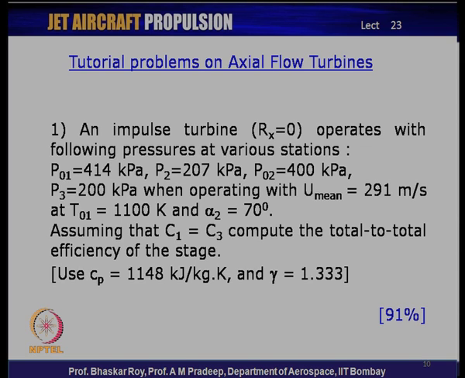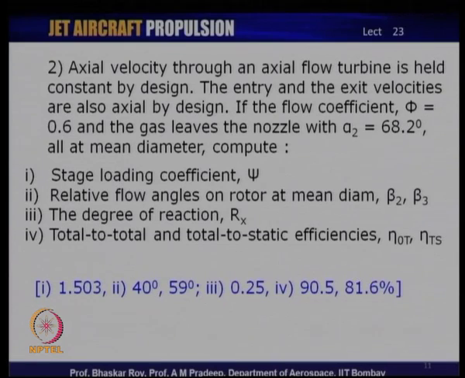I hope you can sit down and solve the problem using the method that we have adopted before. Let us go on to the next problem, which corresponds now to not an impulse turbine. Let us look at the problem, and we will see that the axial velocity as prescribed through the axial turbine is held constant by design.